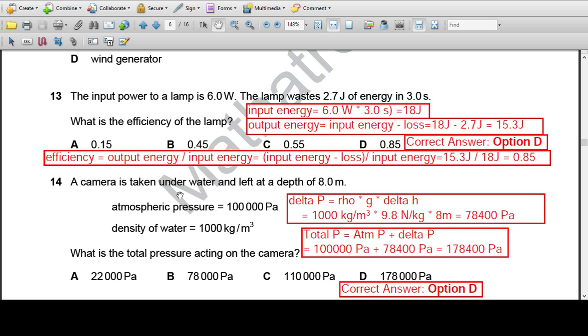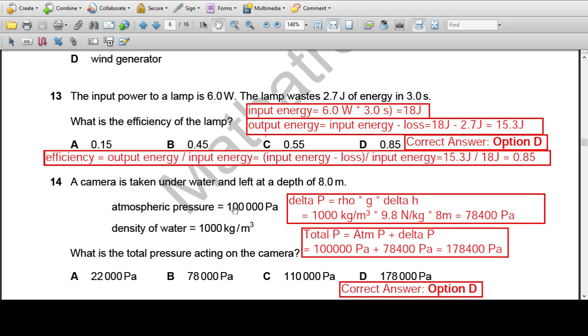The atmospheric pressure is given as 100,000 Pascal, and the density of the water is 1000 kilograms per meter cubed. This is also given. What is the total pressure acting on the camera is asked.